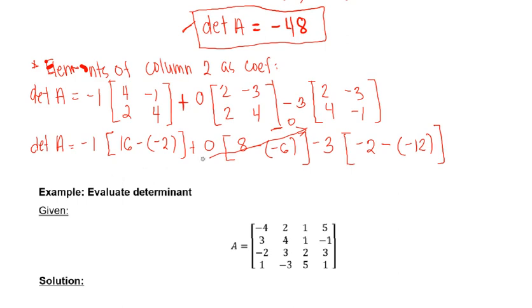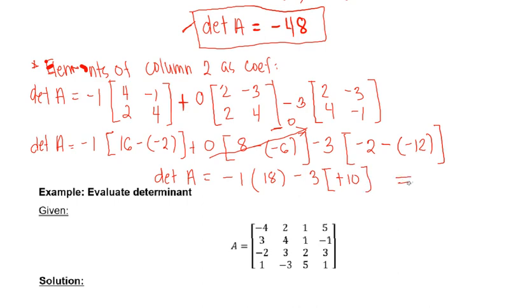So our determinant of A is equal to, we have negative 1 times 16 minus negative 2, that is 18, minus 3, that is negative 2 minus negative 12 is positive 10.